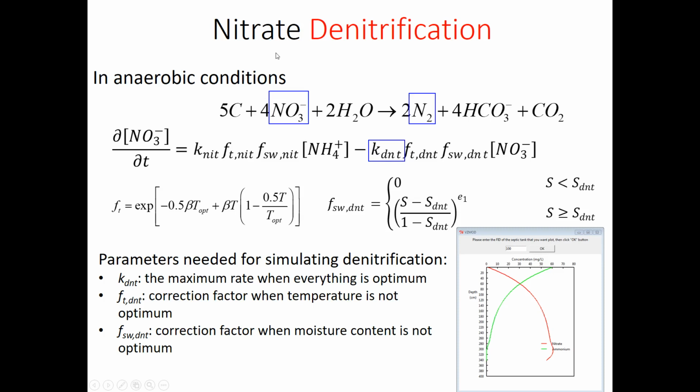For nitrate, there is no absorption, because nitrate is negatively charged and your soil particles are negatively charged. There is only one reaction, which is denitrification. Essentially, the bacteria eat nitrate and use carbon as an electron donor, and then convert nitrate into nitrogen gas.